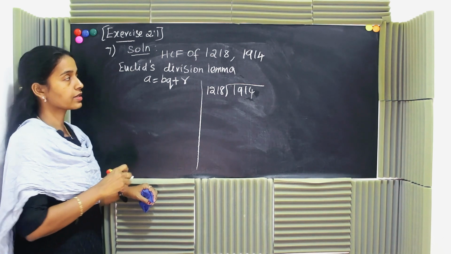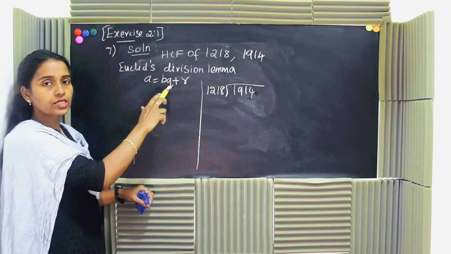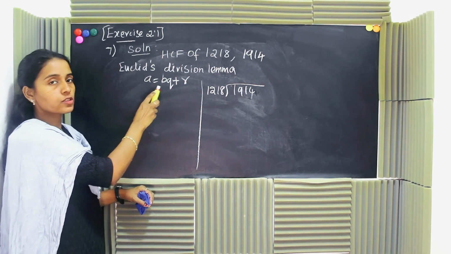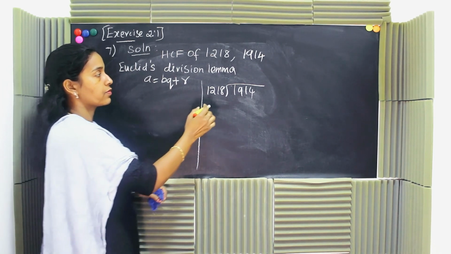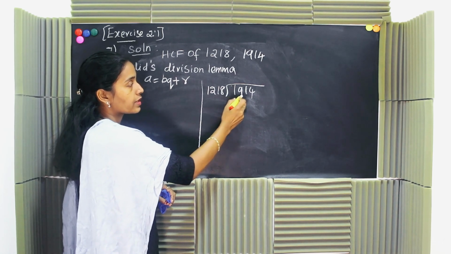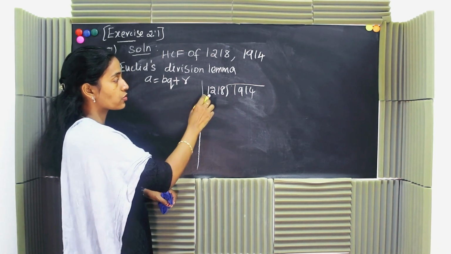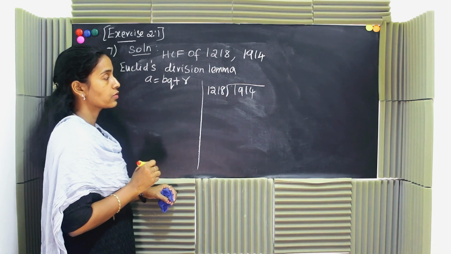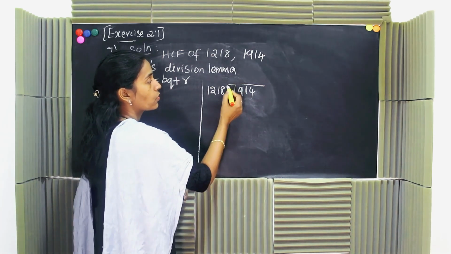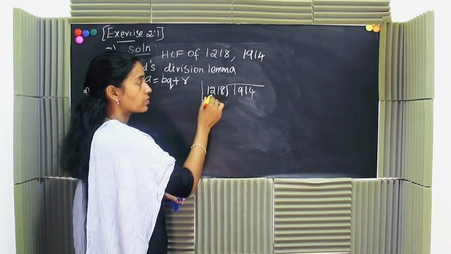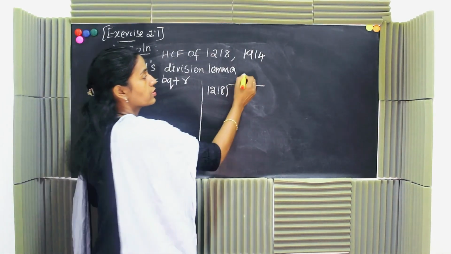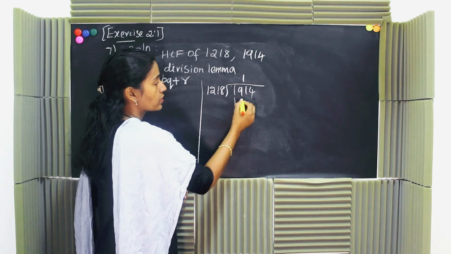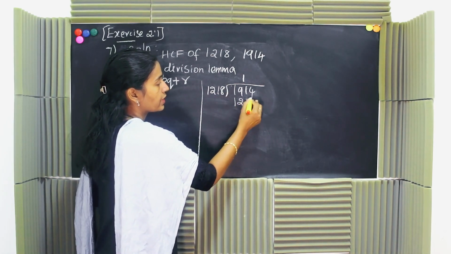For the solution, I have written Euclid's division lemma formula, that is a equals bq plus r, right? So here for dividing 1914 by 1218, what we have to do? 1 into 1218 becomes 1218, right? So I'm taking 1 into 1218 equals 1218.